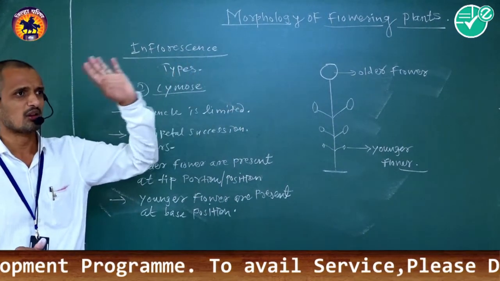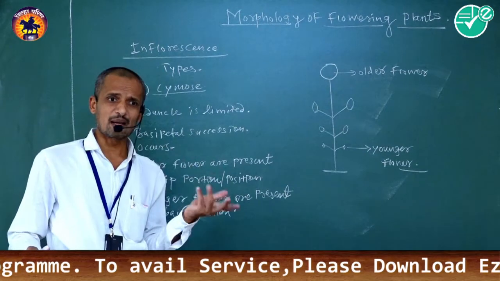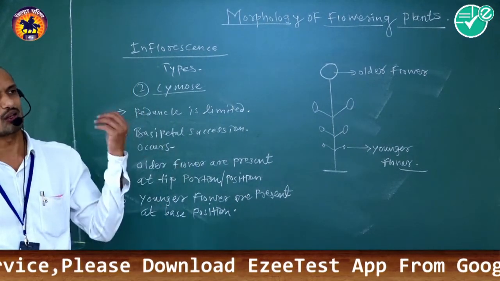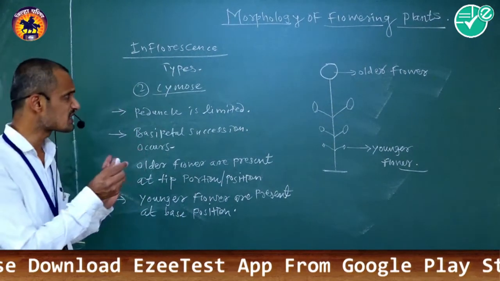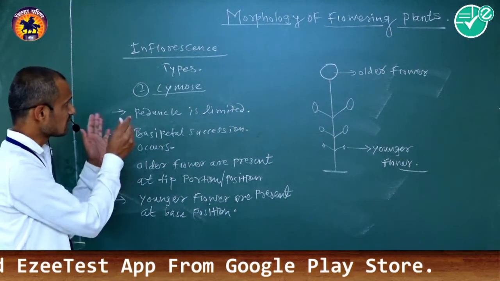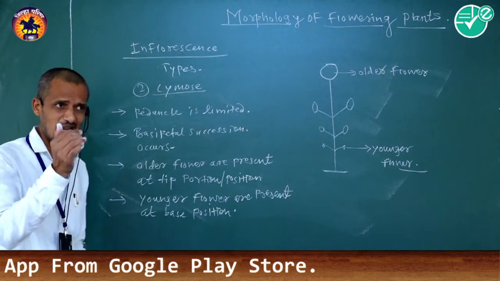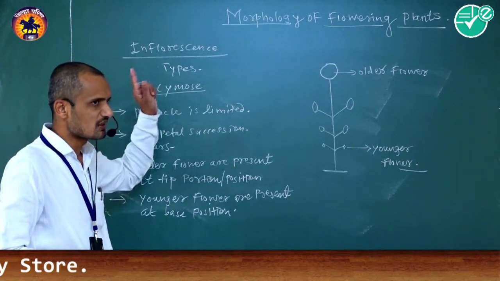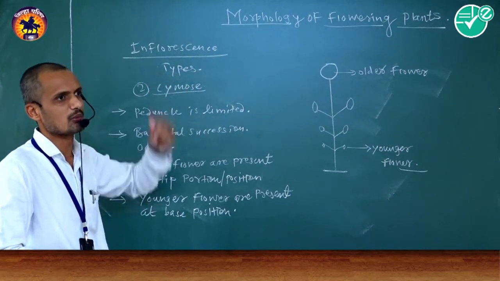Flowers are of a number of types like complete flower, incomplete flower, unisexual, bisexual. That is the typical structure. And then there are two main types of inflorescence. First one is racemose, last one is cymose.